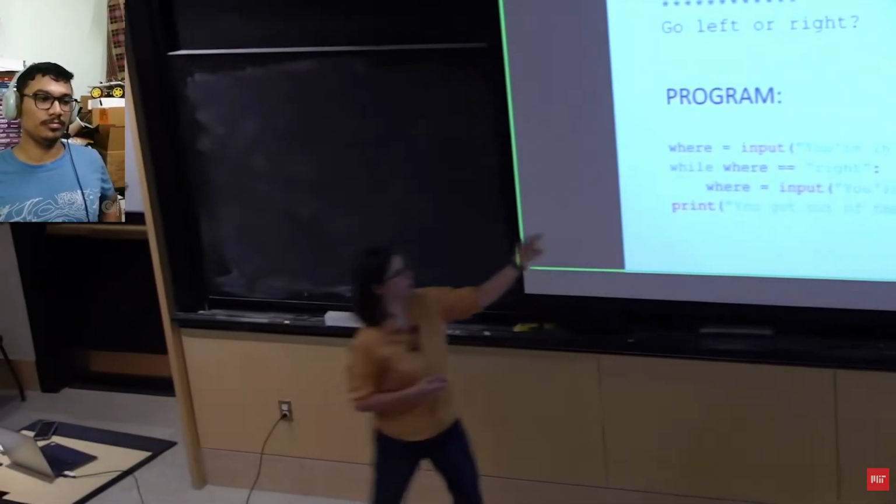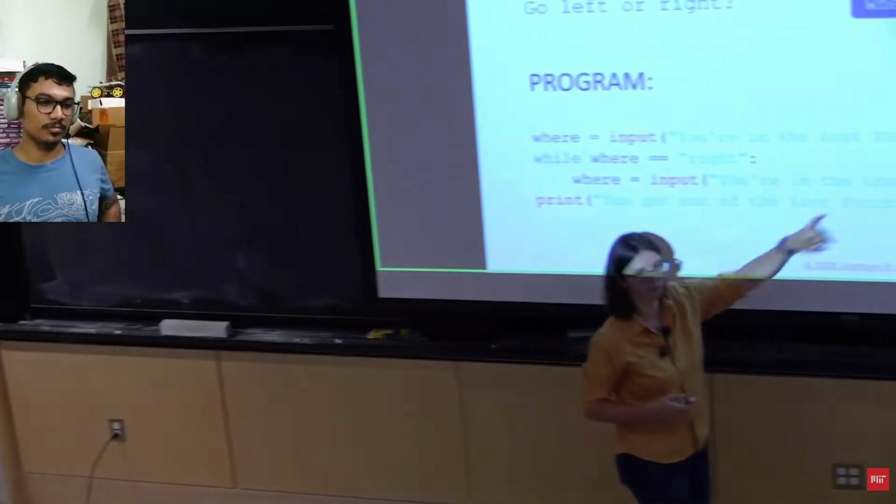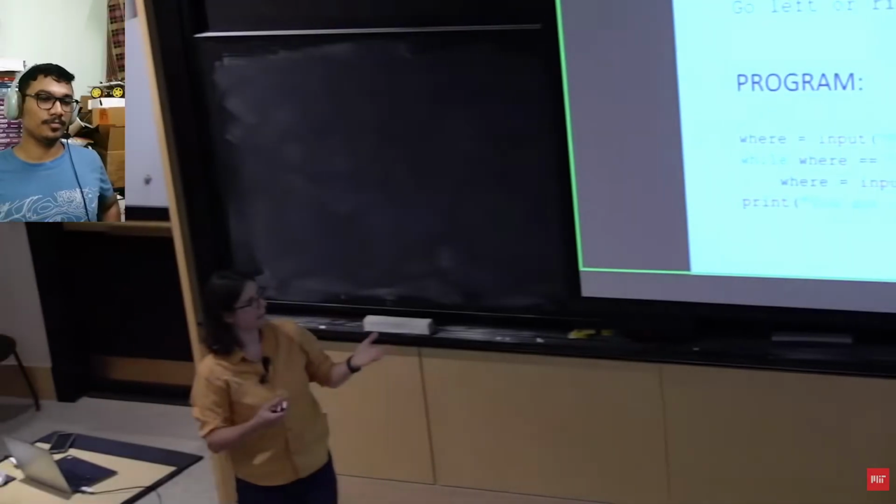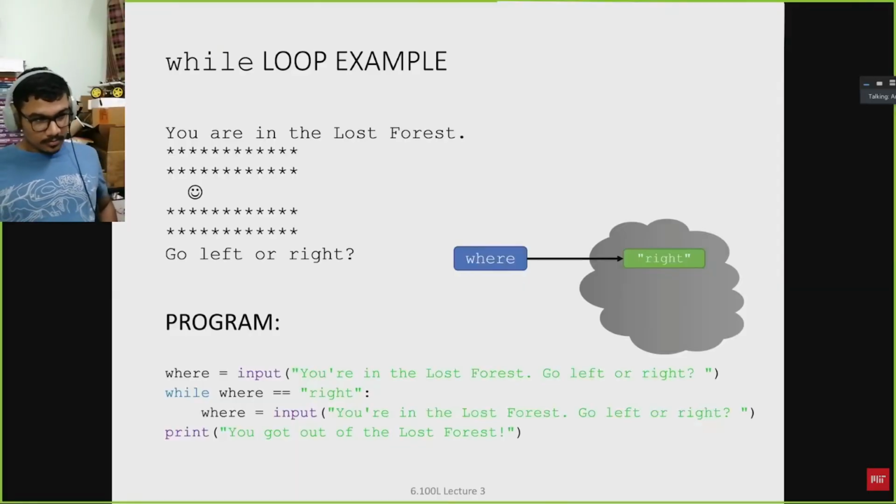We're going to ask the user again, where do you want to go, left or right? I'm going to say right again, and then this memory is going to look exactly the same. If the user keeps typing in right, I keep reassigning the variable where to have the value R-I-G-H-T.